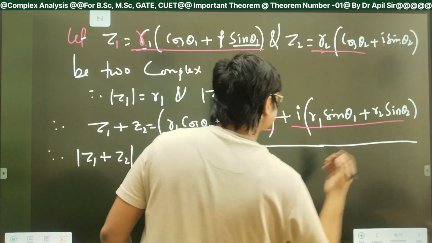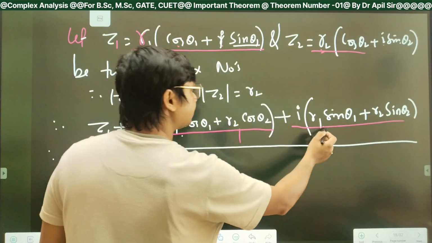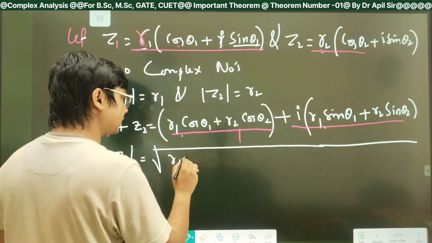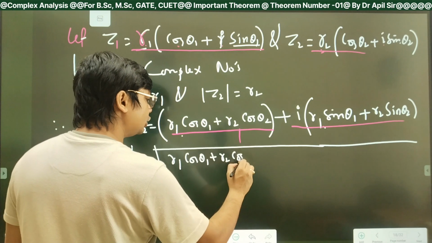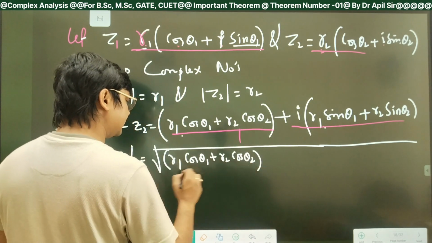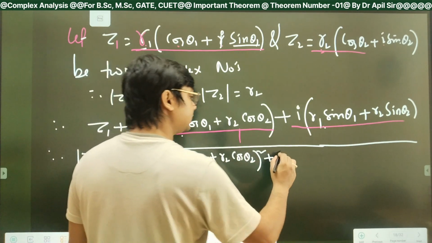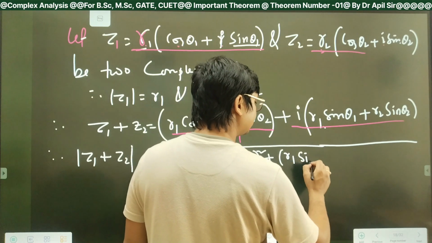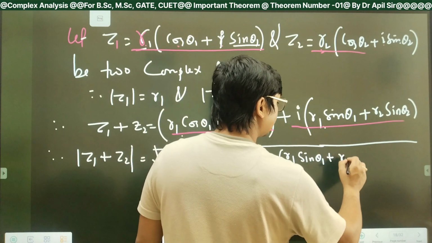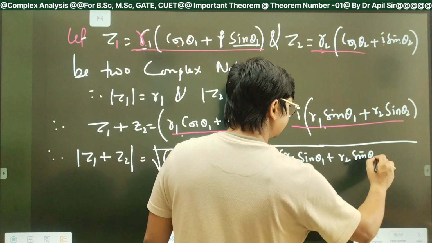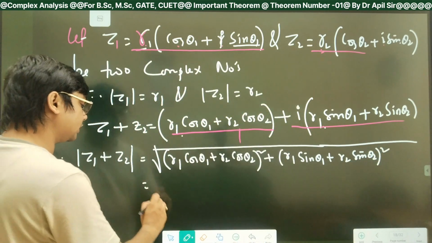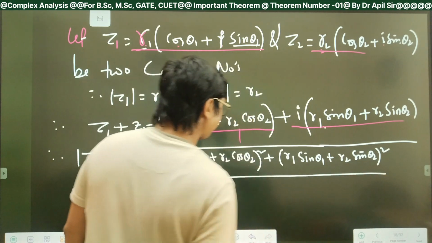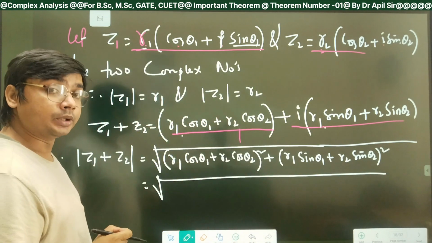So here it is the real part, R1 cos theta 1 plus R2 cos theta 2, squared, plus the imaginary part, R1 sin theta 1 plus R2 sin theta 2, squared. Is it okay? Now simplify this using the a plus b whole square formula.